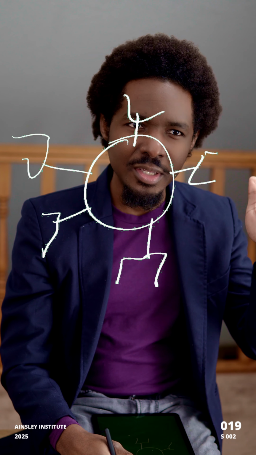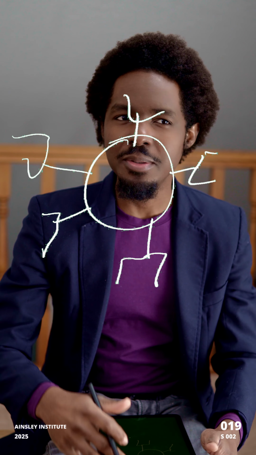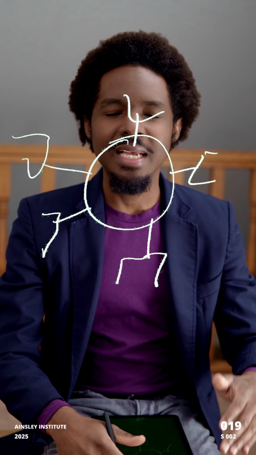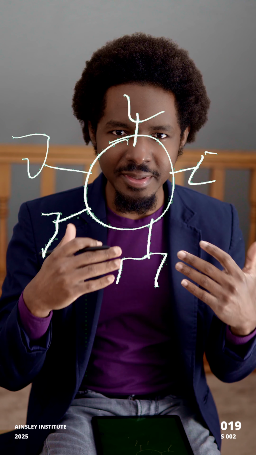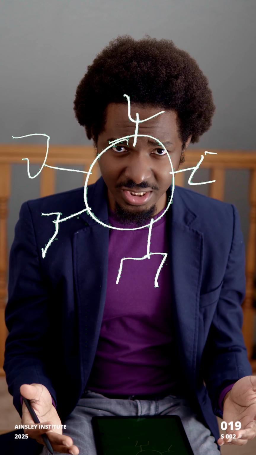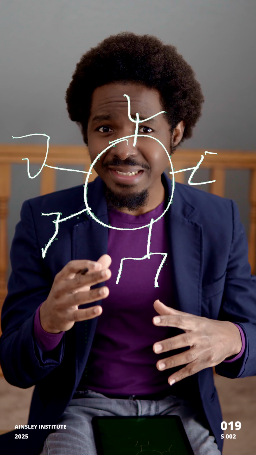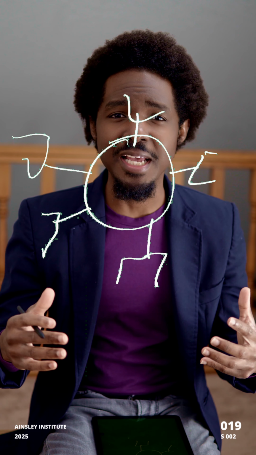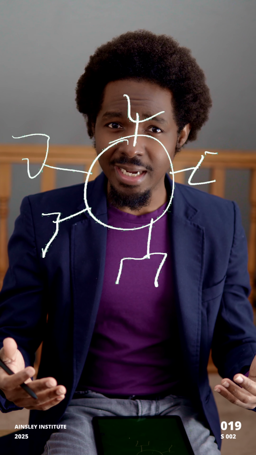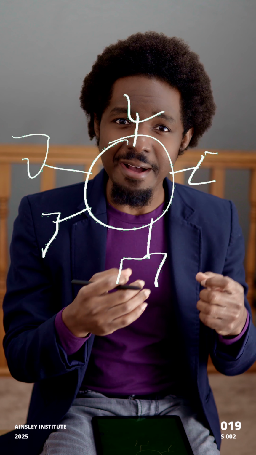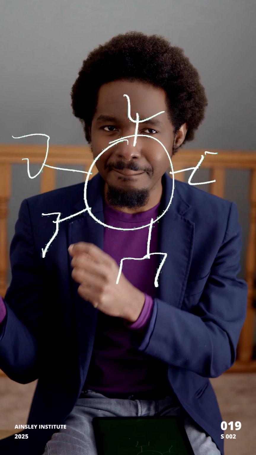We want A people to receive A blood, B people to receive B blood, O people to receive O blood, AB people to receive AB blood as best as possible. But there are instances where we can give them different blood based on what is available and what is compatible.